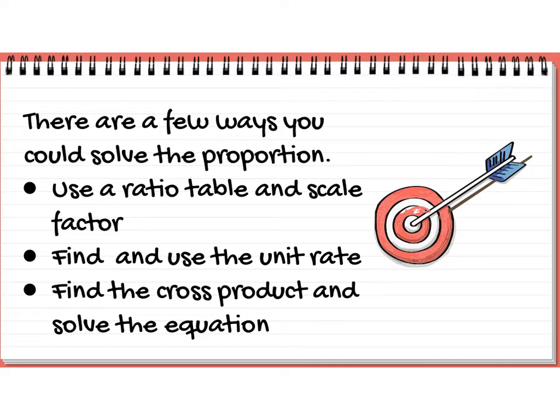But if not, this cross product works, okay? And when you find the cross product, you then end up with a one-step equation that you solve, okay? All right, and that's how next year in algebra you'll write the direct variation equations and solve them that way. If you choose to, I'll show you, but it doesn't matter to me how you solve a proportion. As long as you use one of these methods correctly, it's going to work.